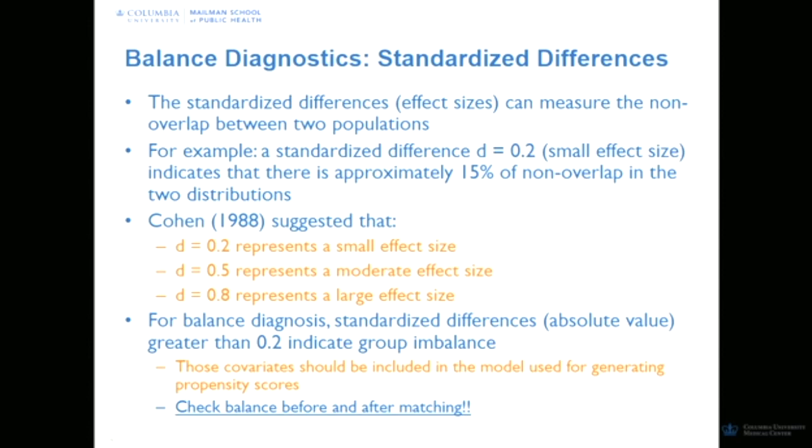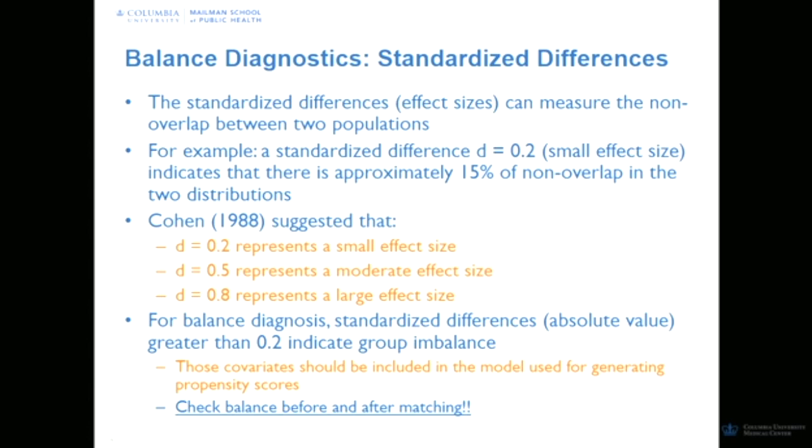If you see some imbalance with respect to a variable, then that's a sign that that variable should be included in your logistic regression for estimating the propensity score matching. You're going to understand better in the example. In absolute value, what's absolute value? We don't really care about the direction, which group has more or less. So we only care about the magnitude.